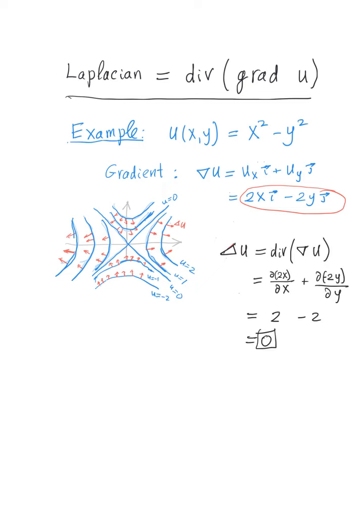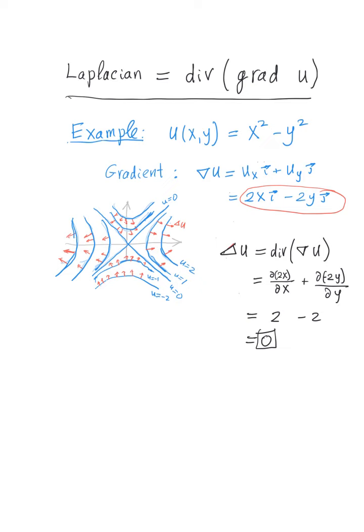Now let's compute the Laplacian of u. So it is the divergence of the gradient vector field. So we take the x component of the gradient vector field and we differentiate it with respect to x. And then we add the derivative of the y component of that vector field with respect to y.